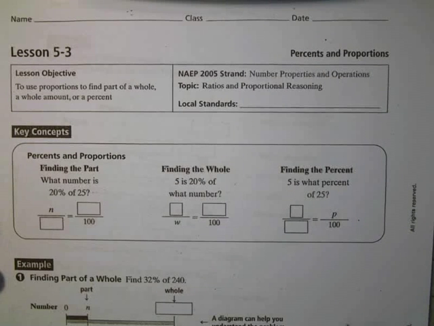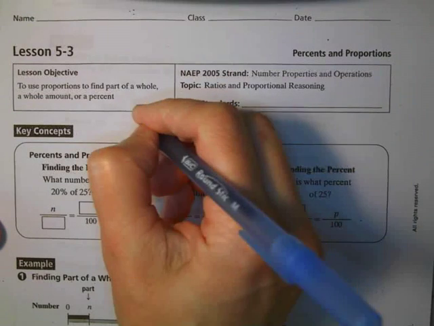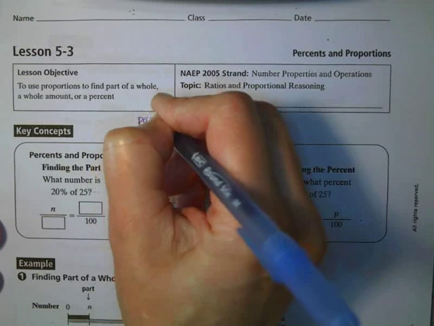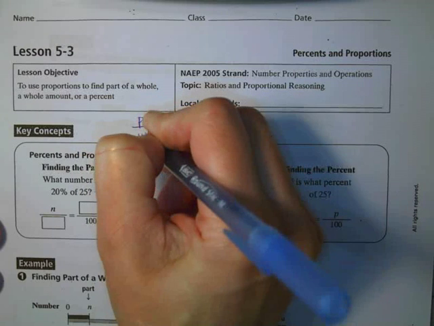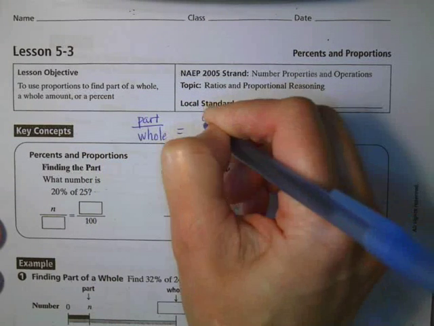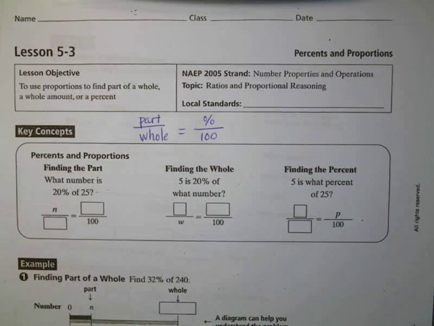Basically the whole lesson is focused on this one basic proportion: the part over the whole is equal to the percent over 100. And various different parts are missing.